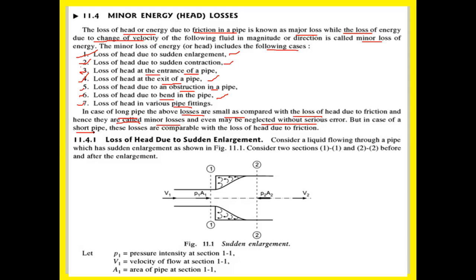Darcy Weisbach equation is also completed. Minor losses, pipes in series and pipes in parallel. In minor losses, we have the short and long.